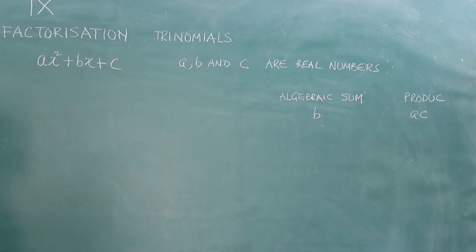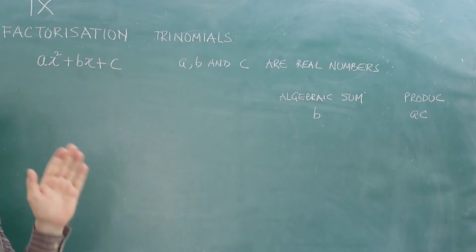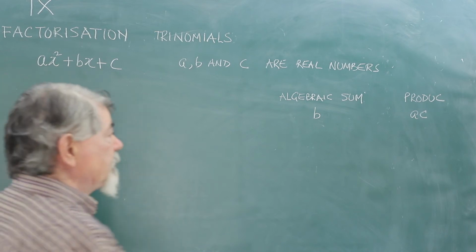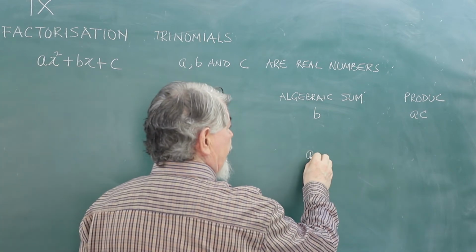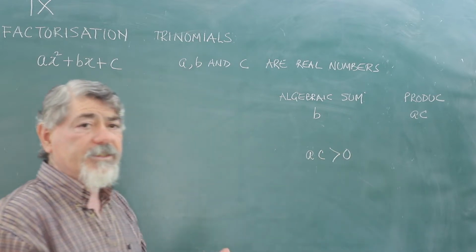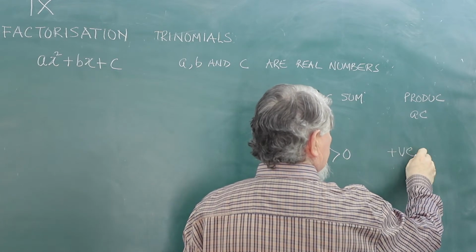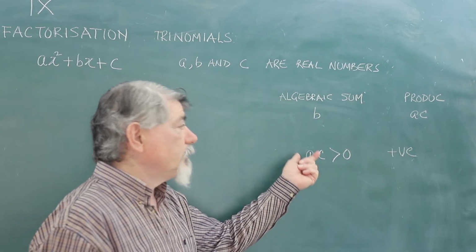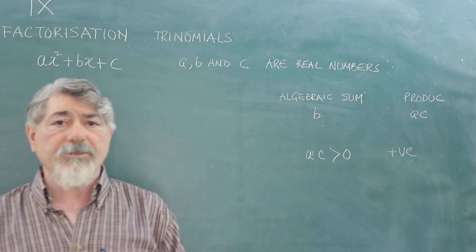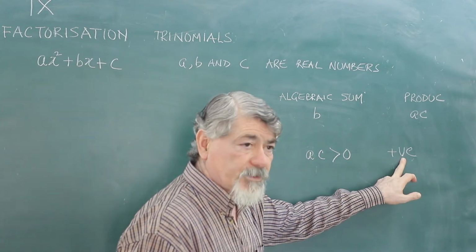Another thing which I want to explain to you is that suppose the product of A and C is coming greater than 0. If AC is greater than 0, it means it is positive.